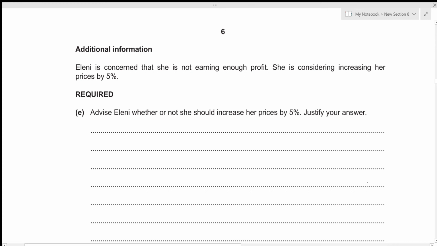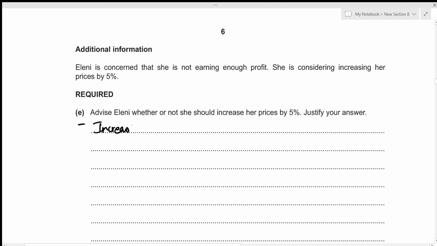So we're given additional information that Eleni is concerned that she is not earning enough profit, so she is considering increasing her prices by 5%. We need to advise Eleni whether or not she should increase her prices by 5%. Alright, the first point is that increased prices result in a higher profit if the demand is maintained. So we can write it down.